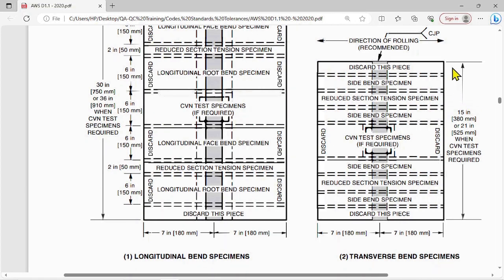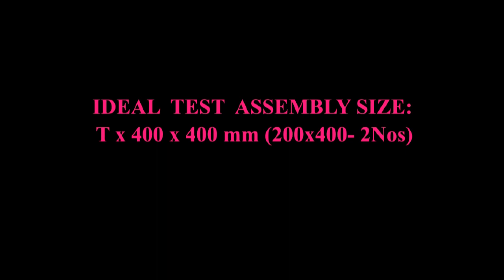So it is better to go for 400 millimeter length ideally, and here also it is 7 inch or 180 mm each piece. So we will go for 200 each. That means 400 will be the width and 400 will be the length. Let us keep this much at least.